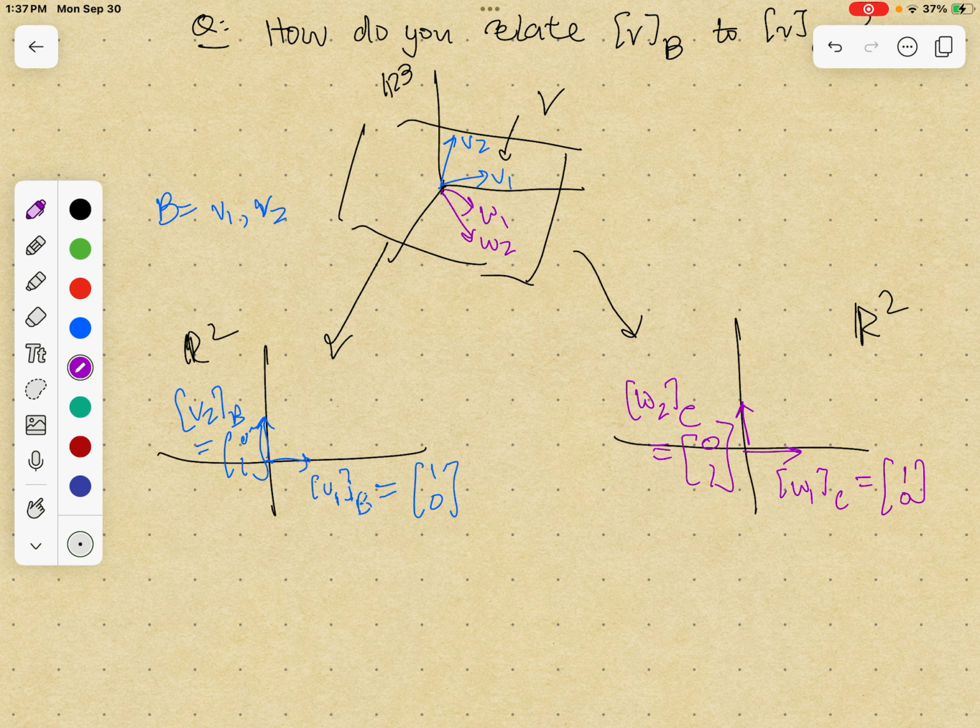And if you just take a vector V, let's say here, then that will go to some vector here, and then it'll go to some other vector. So this is V relative to B. And then in the other basis, it'll go to some other vector in R2. So let's see. How do you describe V as a combination of W1 and W2?